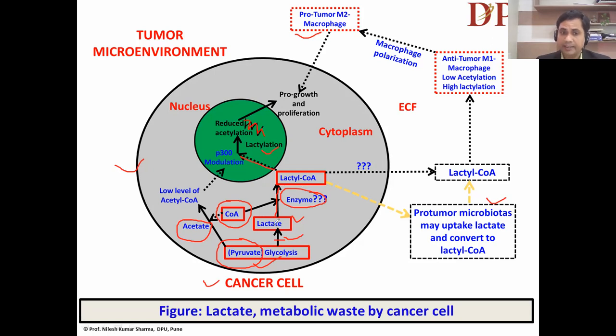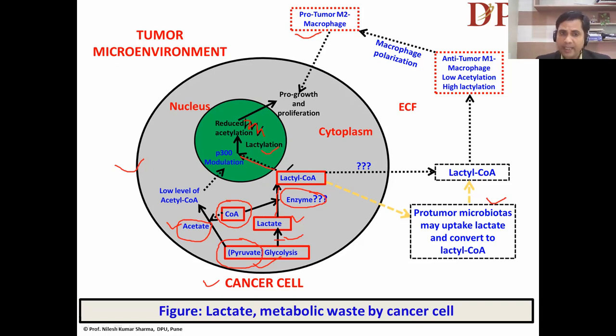There are certain enzymes that convert acetate to acetyl CoA, that is acetyl CoA synthetase. So that is reported. From acetate to acetyl CoA, the enzymes are reported, but for lactate to lactyl CoA, enzymes are not reported. That is the gap in the field. Fine.